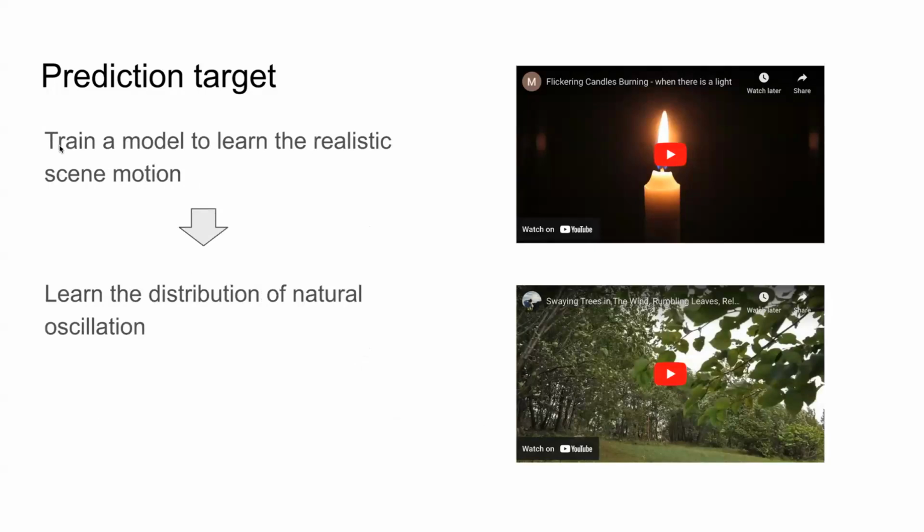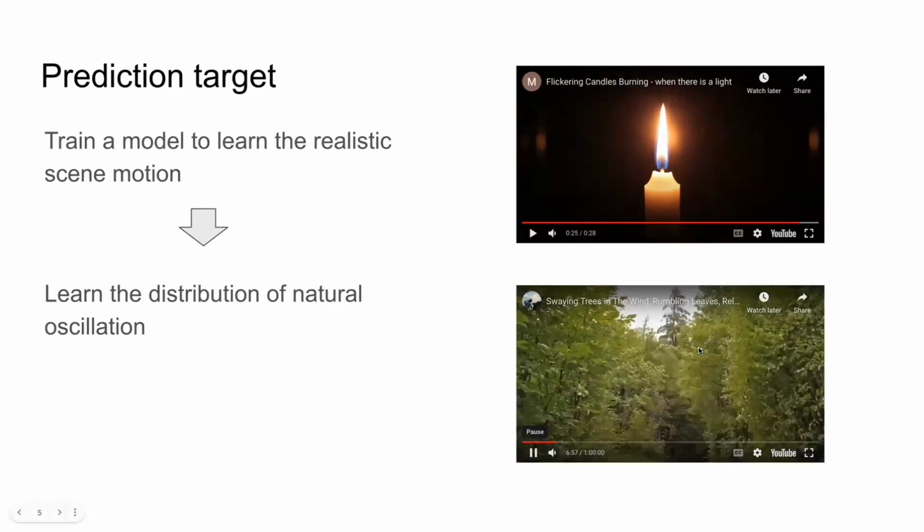For example, these are real videos. You can observe this candle: it flickers and becomes smaller and then larger, like a light. And the second one is the tree swaying. You can see it goes left and right, and of course up and down. There are two directions.